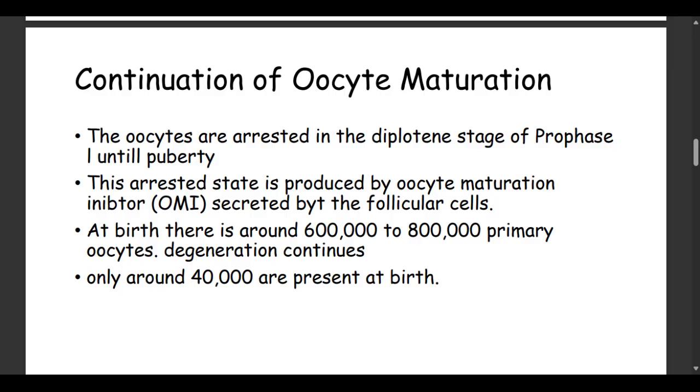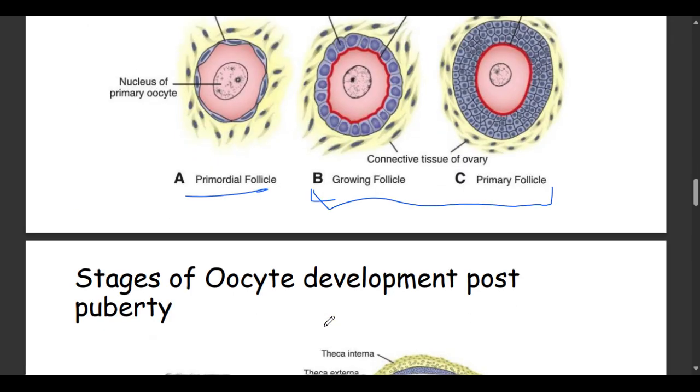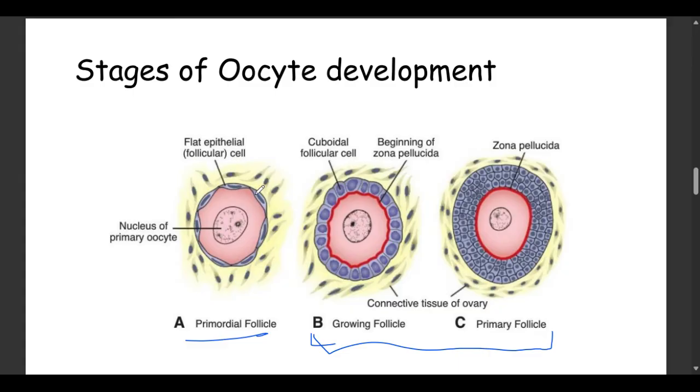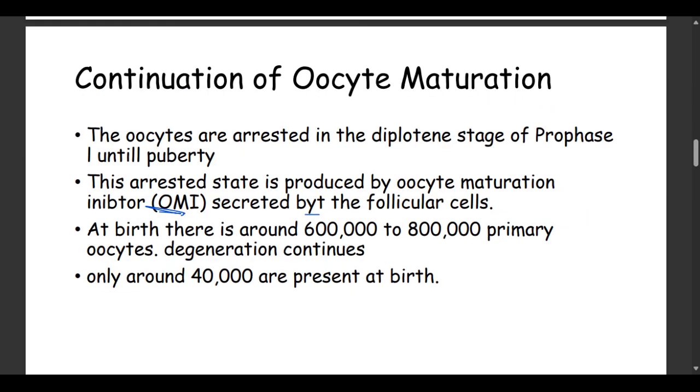The oocytes are arrested in the diplotene stage of prophase 1 until puberty. This arrested state is produced by oocyte maturation inhibitor, OMI, secreted by the follicular cells. Those follicular cells surrounding the oocyte are producing OMI, which keeps this cell in a paused state for all of those years.